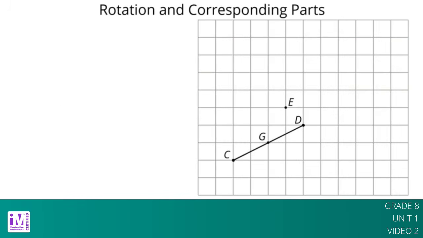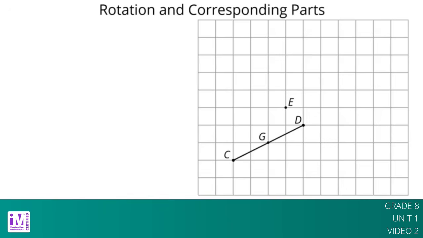Let's consider corresponding parts when we rotate a figure. Here is a line segment CD with midpoint G and a point E not on the segment. When we apply a 180-degree rotation to a line segment, there are several possible outcomes.